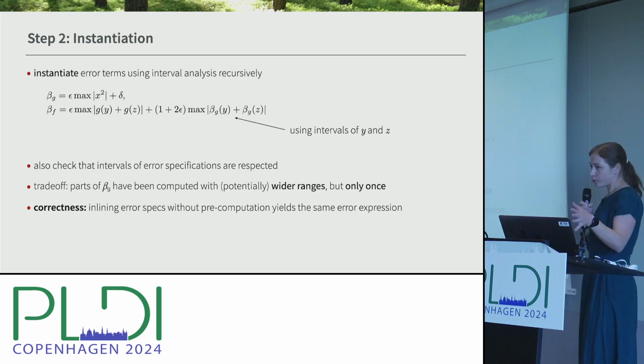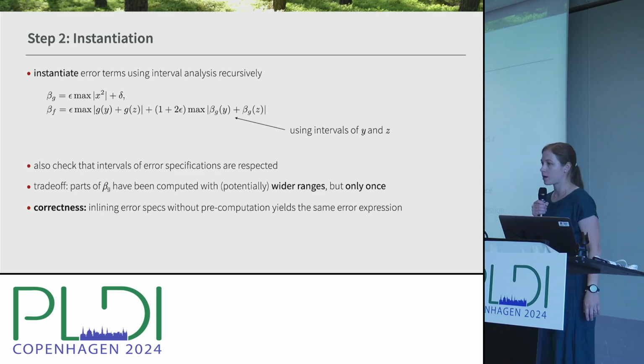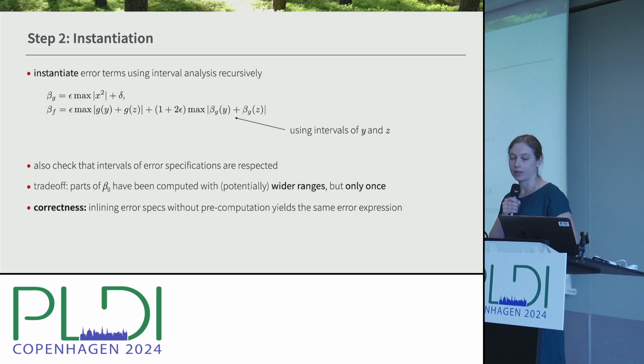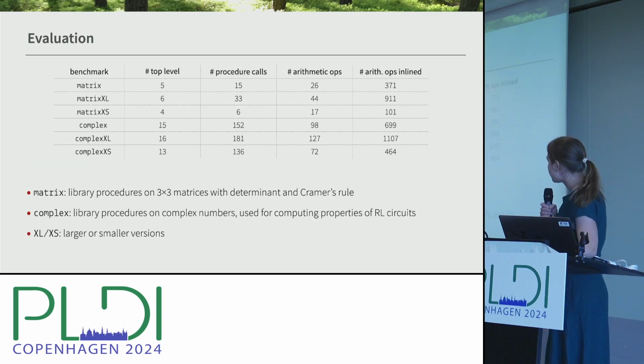So we don't have a formal proof of the correctness, but we have a correctness argument that if you inline these error specifications without the pre-computation, then we get the same error expression as you would get with the regular inlining approach. So, a little bit of evaluation.